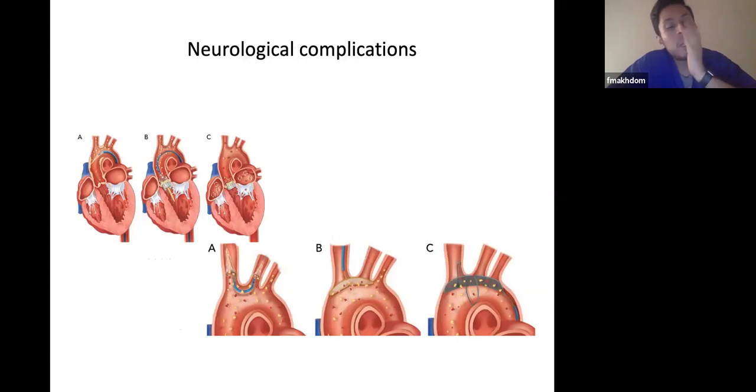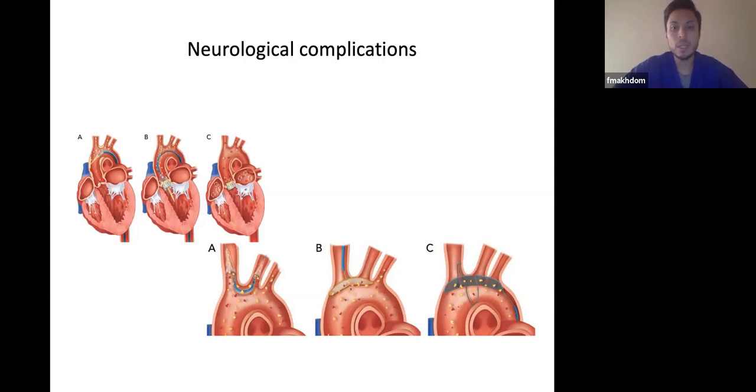All right, so neurological complication. Again, surprisingly, it doesn't occur a lot with transcatheter technology, and it's still a major issue with surgery.